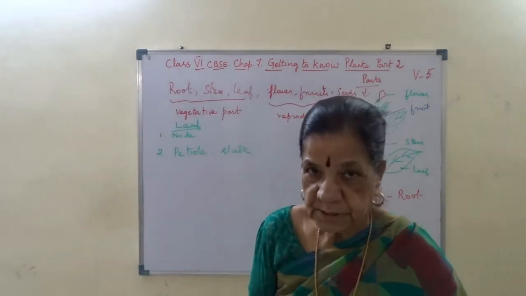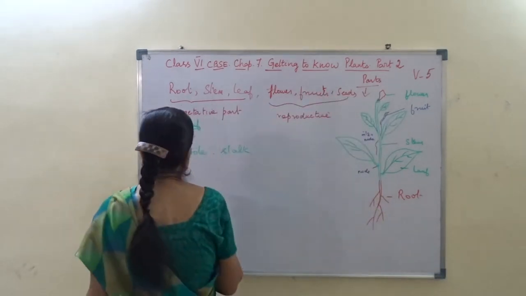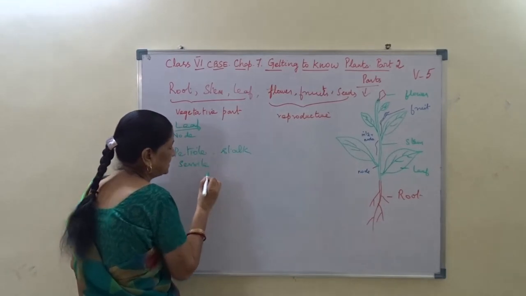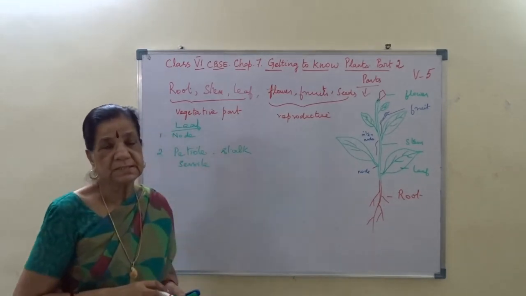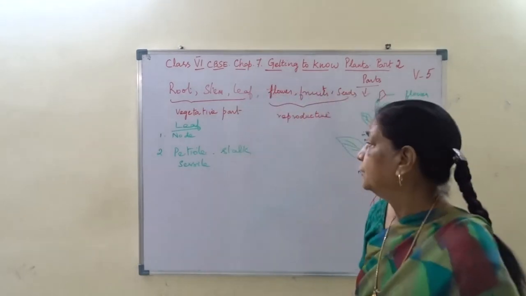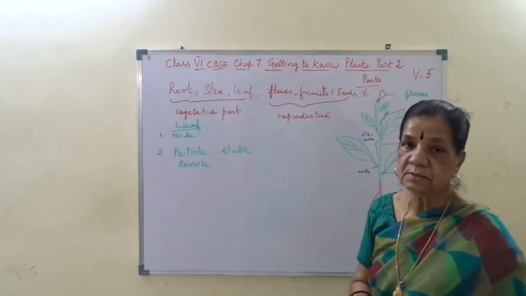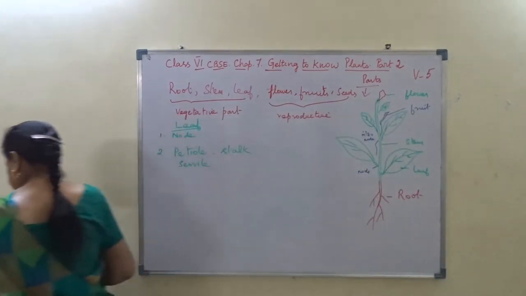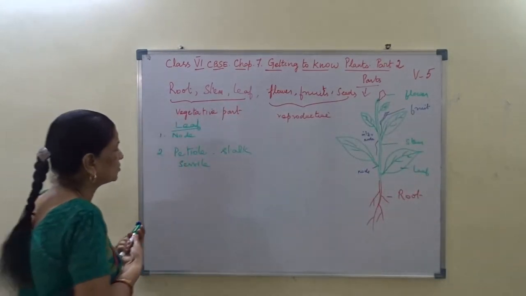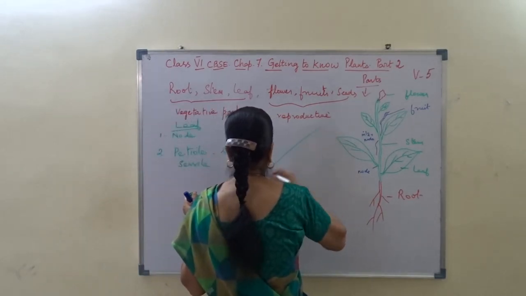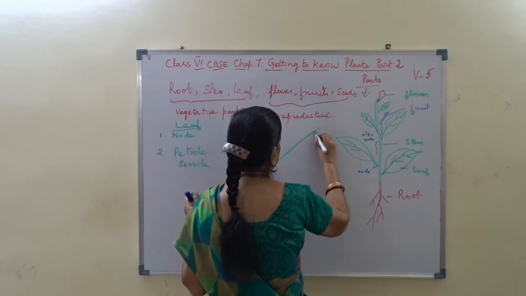If the petiole is absent, it is said to be sessile. See the spelling? It is said to be sessile. So the stalk of the leaf is called petiole, and the continuation of the petiole is called midrib.